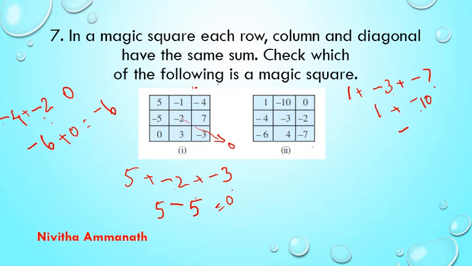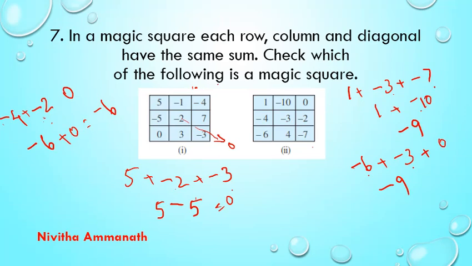Minus sign. 10 minus 1 is 9, so it is minus 9. Next diagonal is minus 6 plus minus 3 plus 0. Two negative integers, so we add them, minus 9. So the answers are the same in the diagonals.